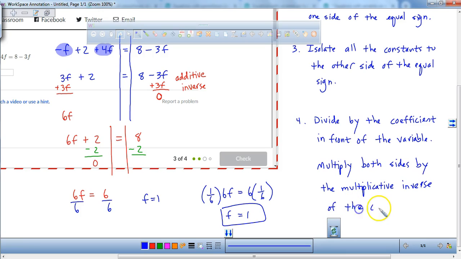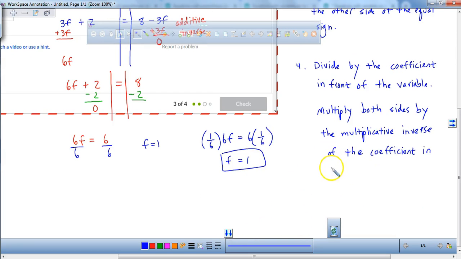Man, got some weird words, don't we? Totally weird. In front of the variable. Now, I usually only do this one when I'm dealing with fractions, okay?